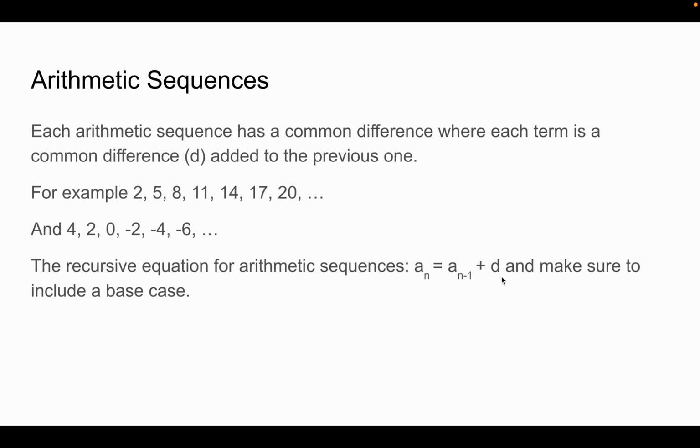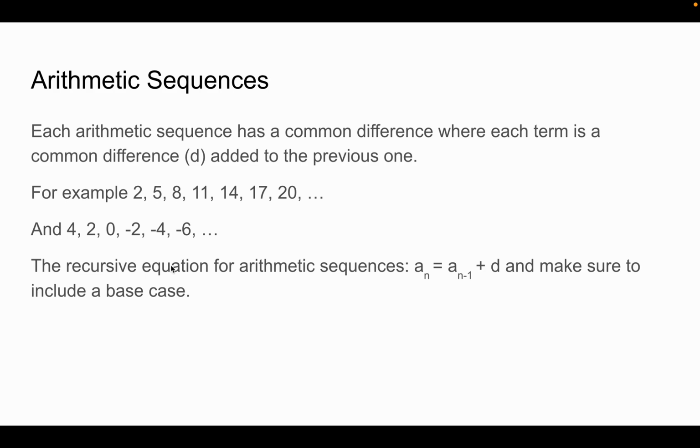Make sure that d is an actual number, a constant, when you are giving it. You also have to make sure to give a base case, and the base case is going to be a1 equals, for example, 2 or something like that.